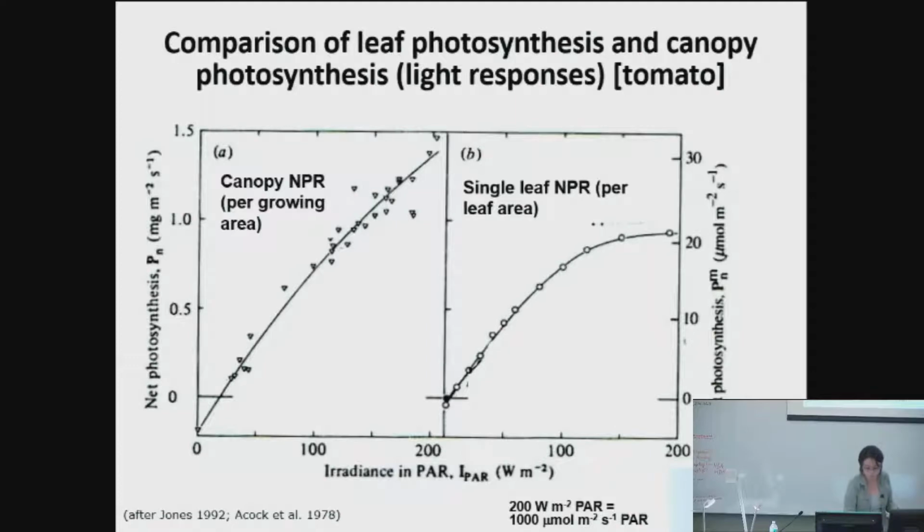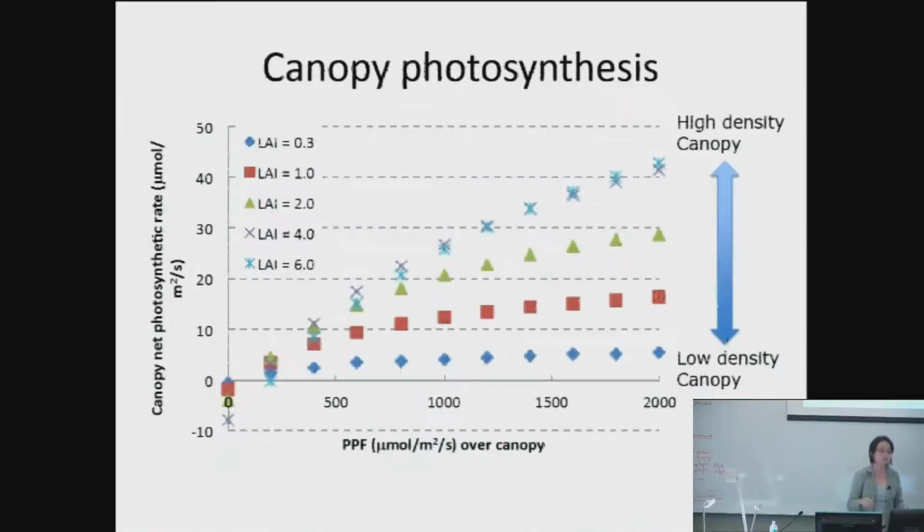So the next one, which is not in your Monday handout but is on D2L, I uploaded and updated the presentation up there. This one is showing canopy photosynthetic rate, the per square meter growing area based photosynthesis.